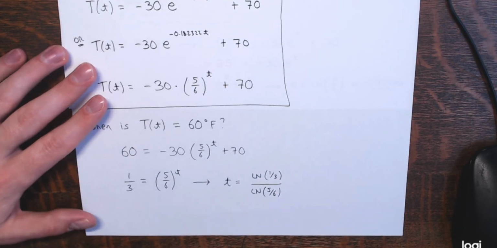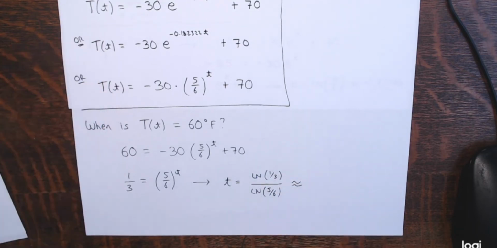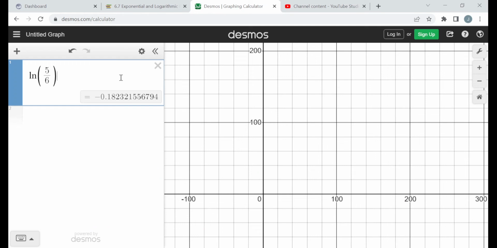And again, I'm just going to round this to the nearest tenth of an hour, whatever. Let's just take a look at what this value is. So back here, it's just natural log of 1/3 divided by the natural log of 5 sixths. Come on. Alright, let's just get rid of this and punch it in again.